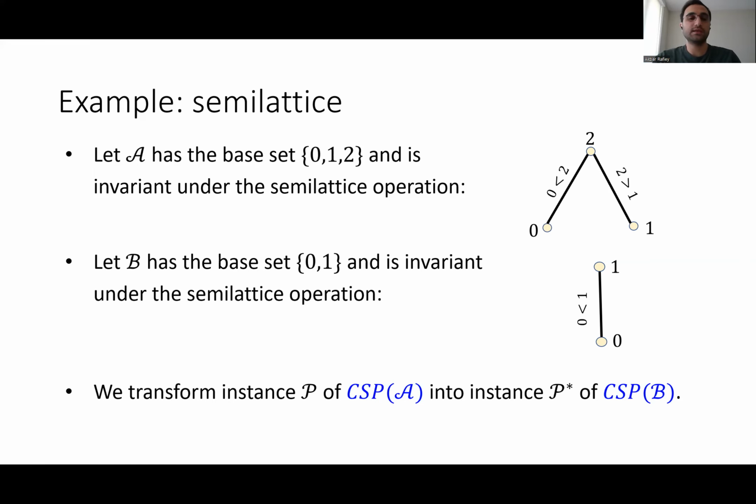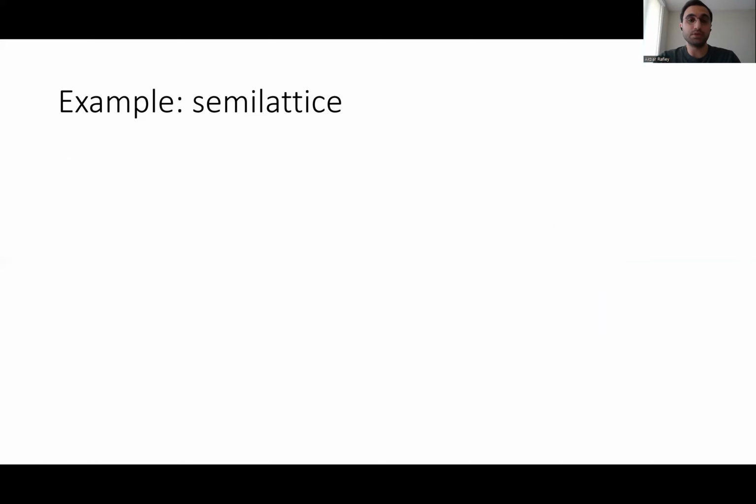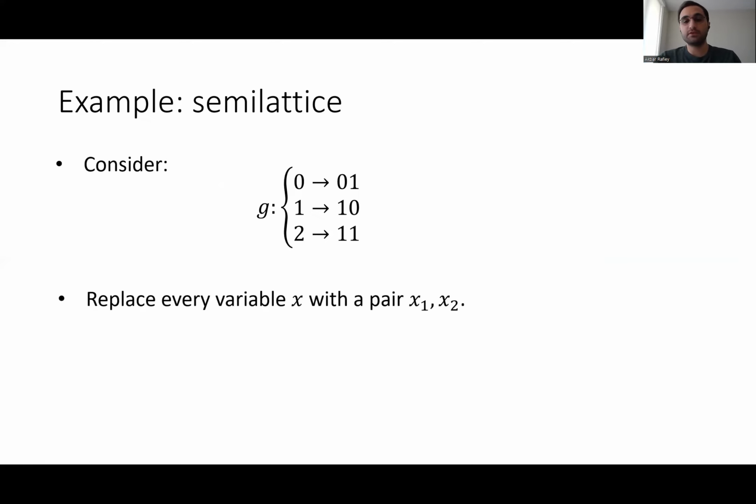Right? So let's say P is an instance of CSP-A and P star is an instance of CSP-B. How do we transfer? Consider this mapping between these domains, which maps 0 to 0,1, 1 to 1,0, and 2 to 1,1. Then in the instance P, we replace every variable X with a pair of variables, X1 and X2.